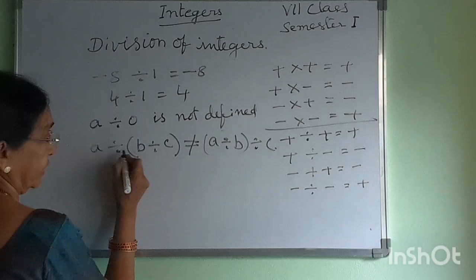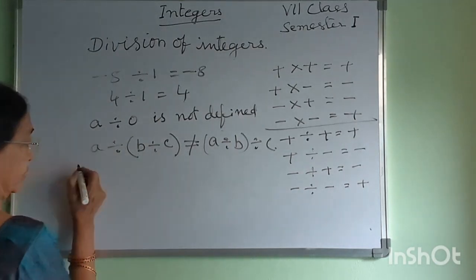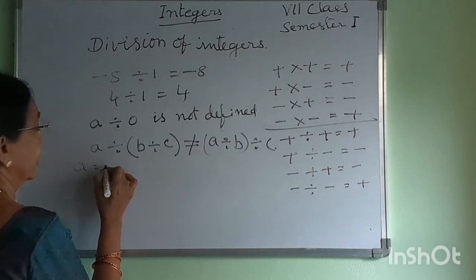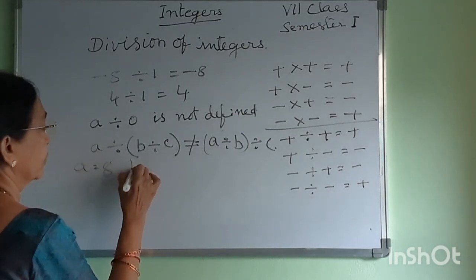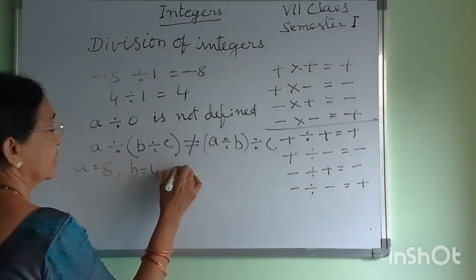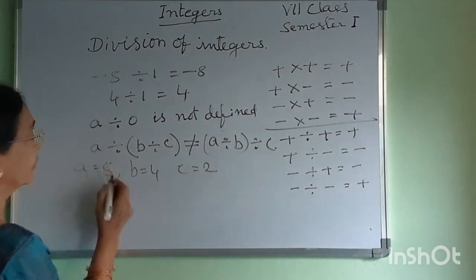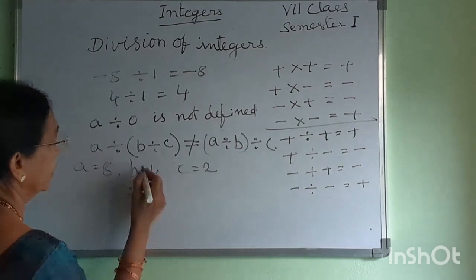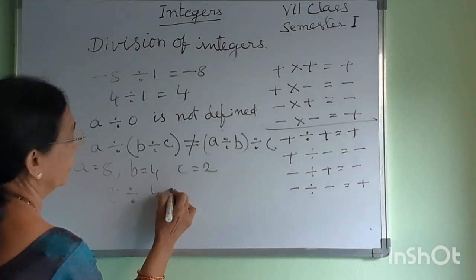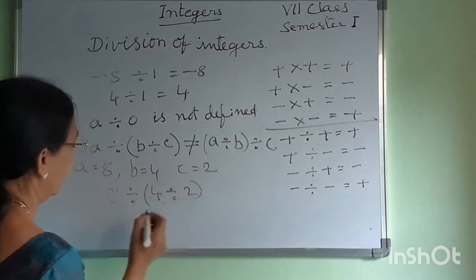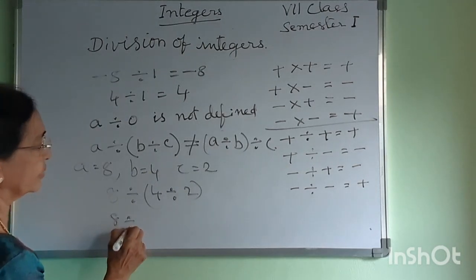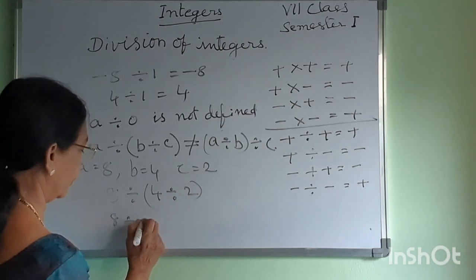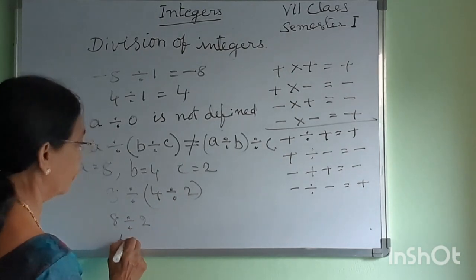See, for example, take a is equal to 8, b is equal to 4, c is equal to 2. Now we get 8 divided by 4 divided by 2. We get 4 divided by 2, 2. So 8 divided by 2, 4.